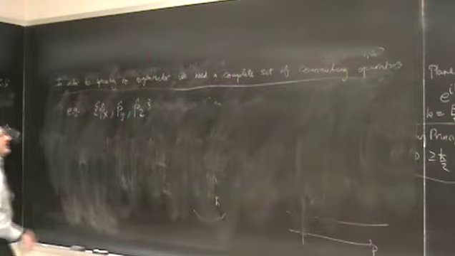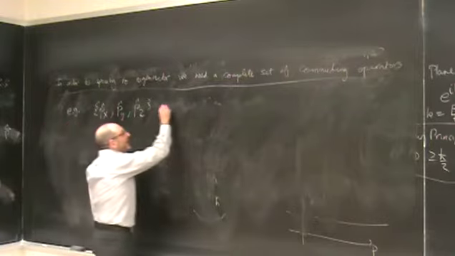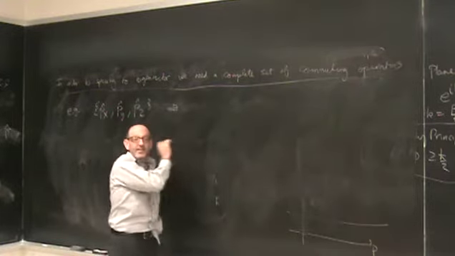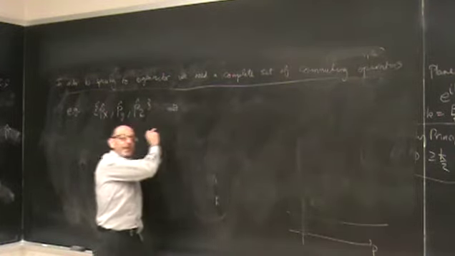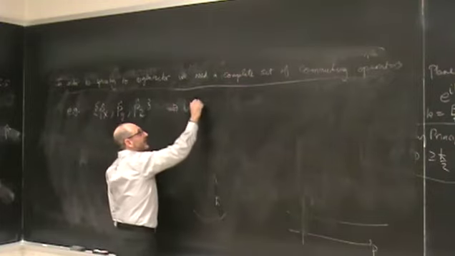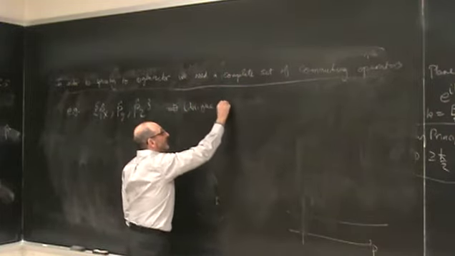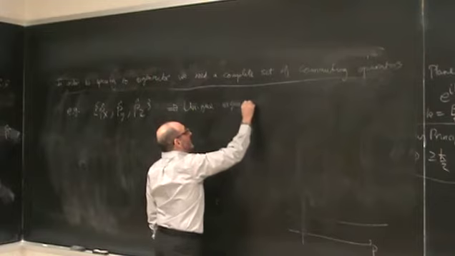So if we specify that, then the unique eigenvector, which is simultaneously an eigenstate, has the three eigenvalues.